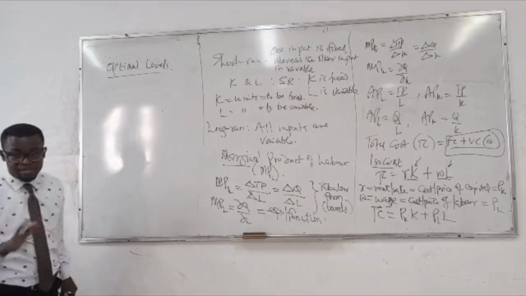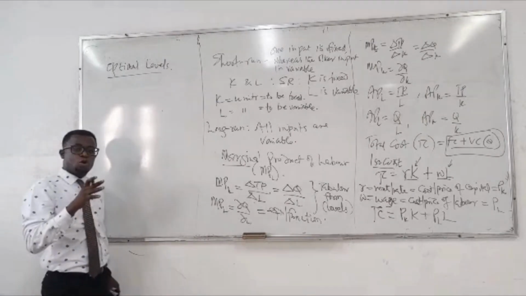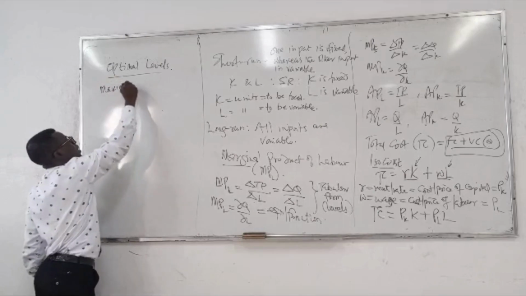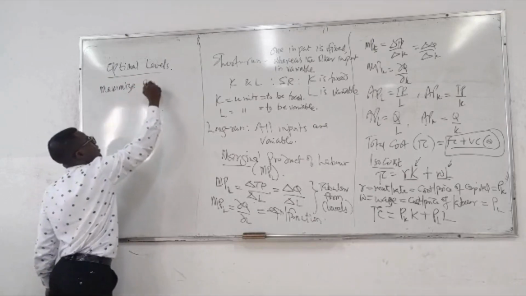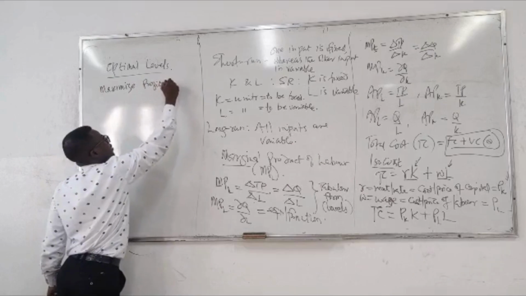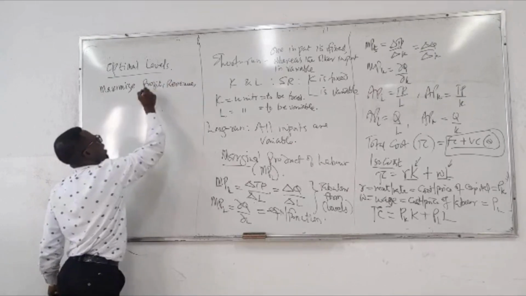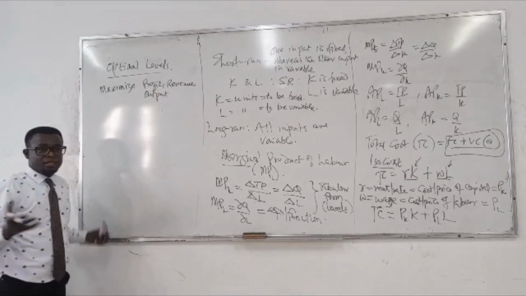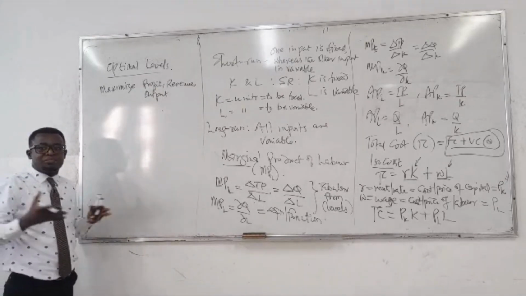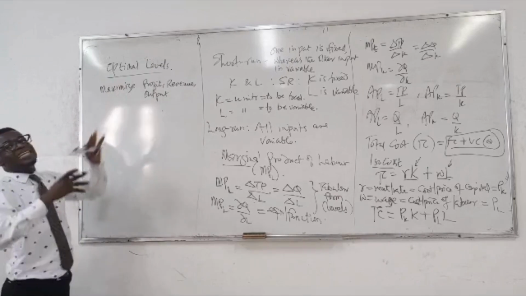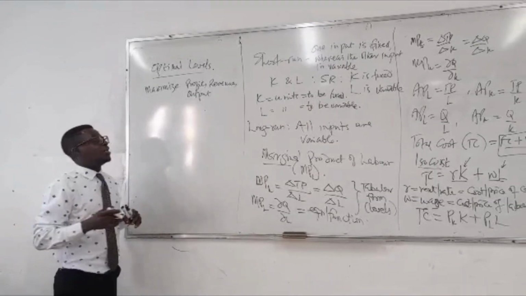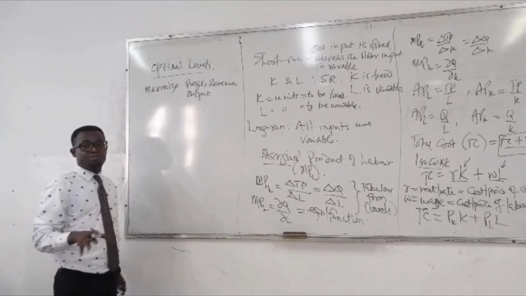In a firm, in a business, the main focus of the firm is to maximize profits, maximize revenue, maximize outputs, right? So basically, the firm is interested in maximizing this. When you say optimal levels, the best level the firm can produce or function. The firm can function at maximum profit.